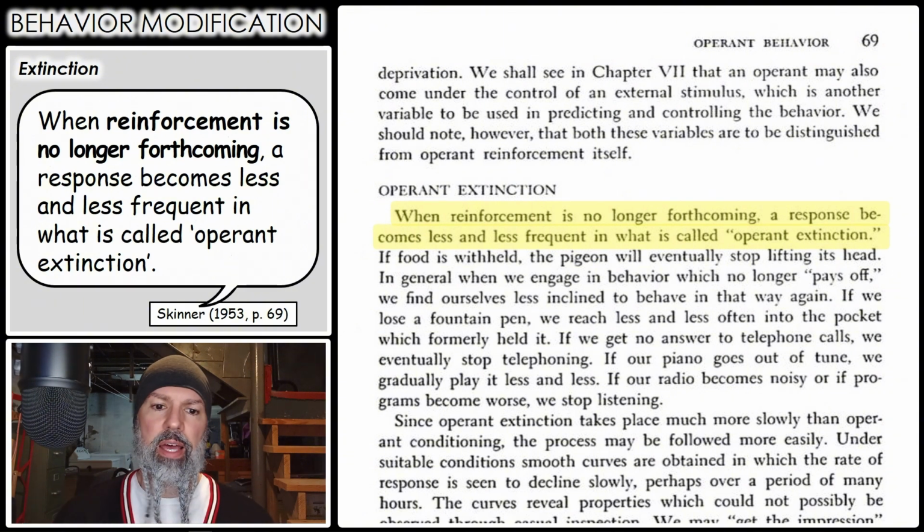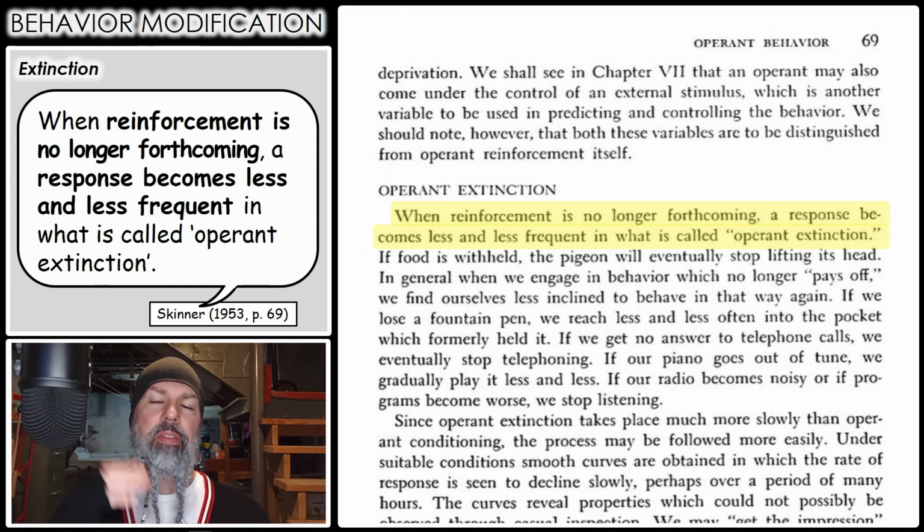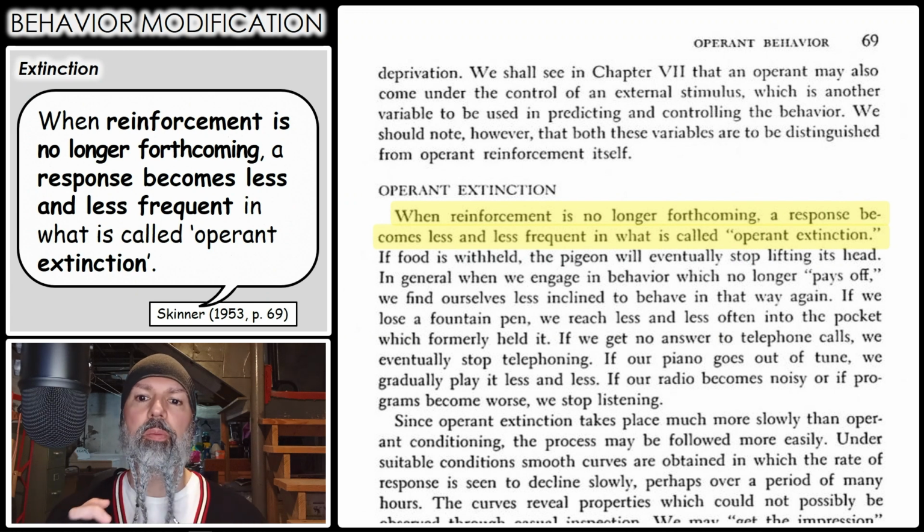And the effect of that is that behavior becomes less and less frequent. And that reduction in the frequency of a behavior, once reinforcement is no longer delivered, that is what we refer to as extinction.